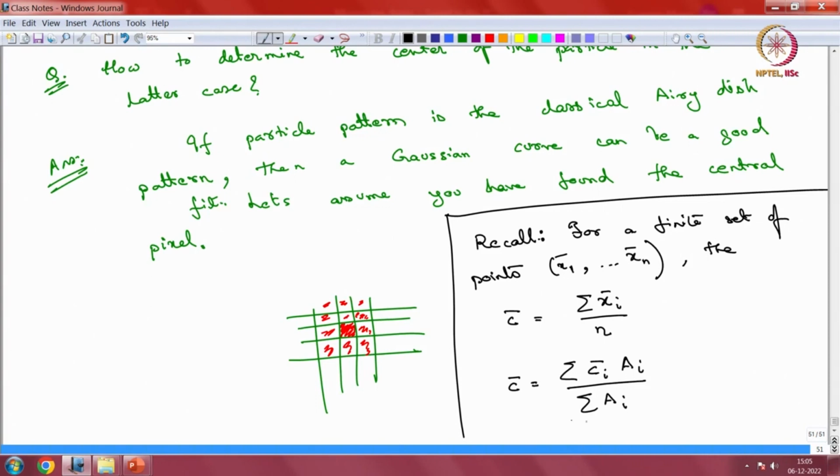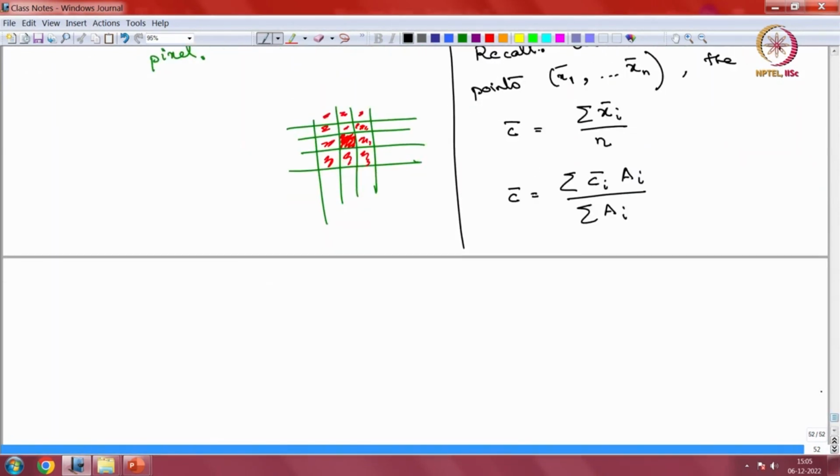Now this formula here should give us an example of what we can do. You can see that the centroid in the second case is weighted by the areas that it represents.